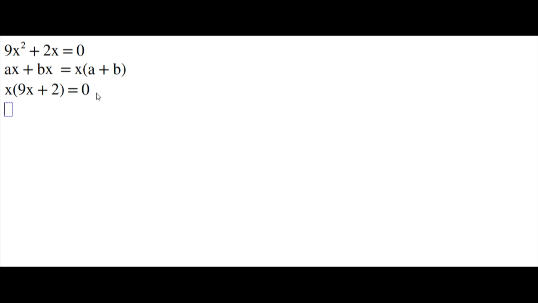So let's go ahead and apply this. 0 times 9 times 0 plus 2 equals 0. And your end result is 0 equals 0. Now, is there any other number you can plug in? One thing I recommend is doing a chart.